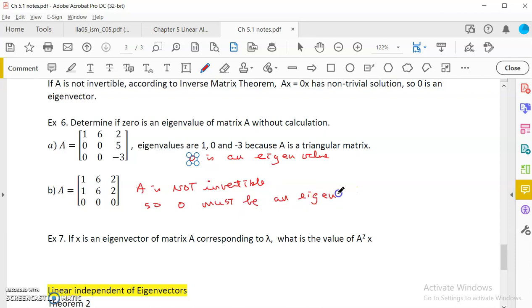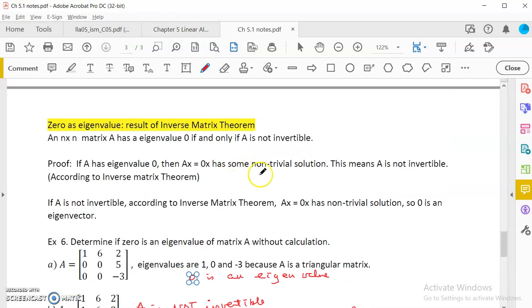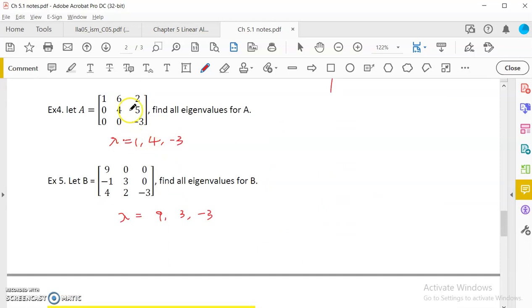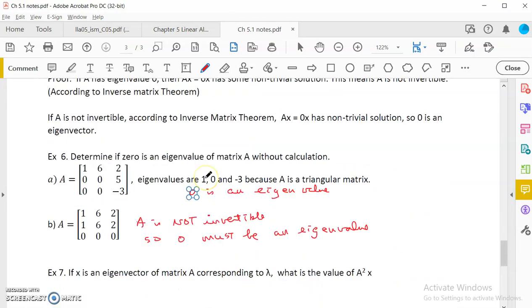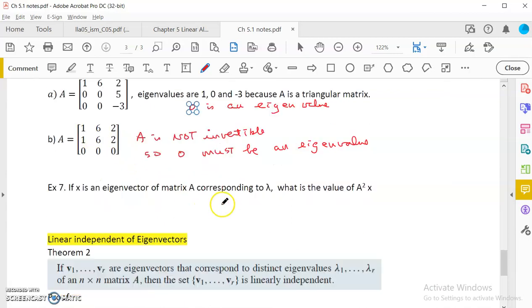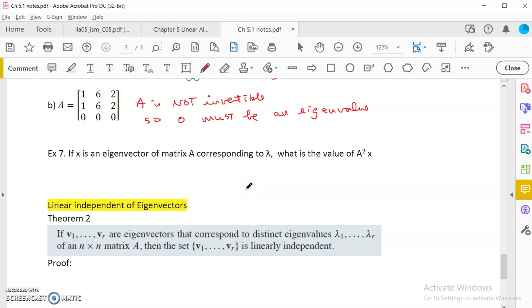At least you know some eigenvalue for a non-invertible matrix. So we have two cases. Either you have an upper or lower triangular matrix, and you can find the eigenvalues, or if you have a non-invertible matrix, you know at least 0 is an eigenvalue.